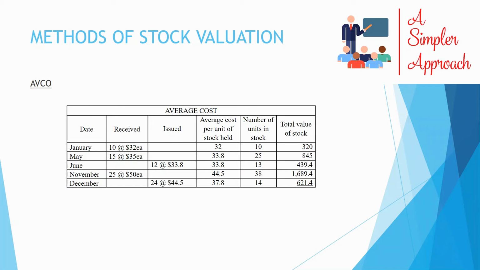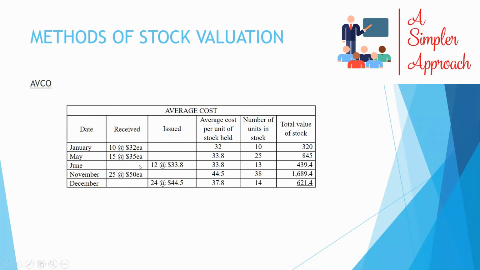When you sell, it is recalculated. So when we bought 15 units in May, we recalculated the average cost and we got 33.8. Now the basis of this method is when you are selling stock, you sell at the last calculated average cost, which in this case is 33.8.